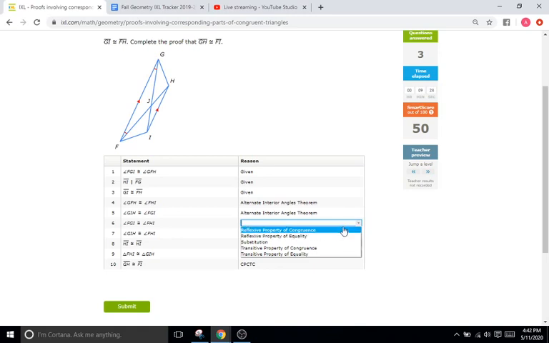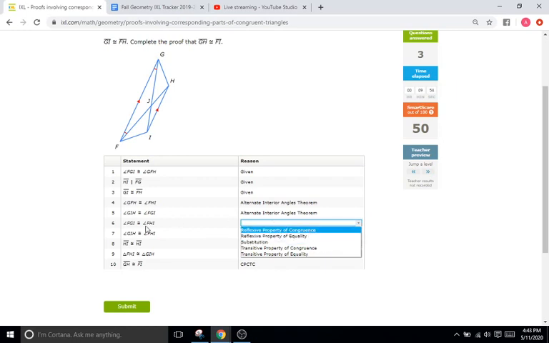Equality is for numbers, congruence is for when we don't have the measures of things, so when we just have our letters. The reflexive property is just something equaling itself. That is not the case here, right? The angle G is clearly on a different part of the diagram than the angle H right here, so it's not anything to do with reflexive property. That would be like G equals G or H equals H or something like that.